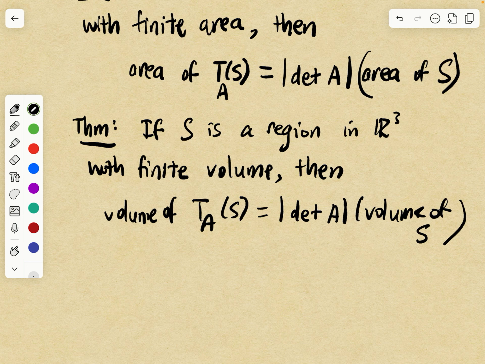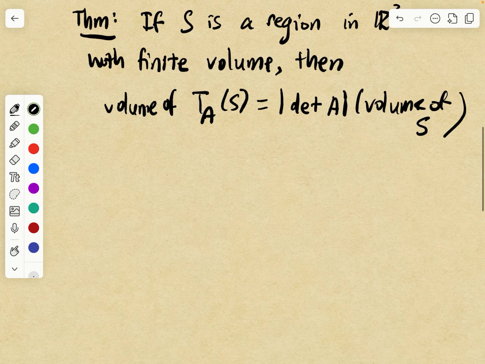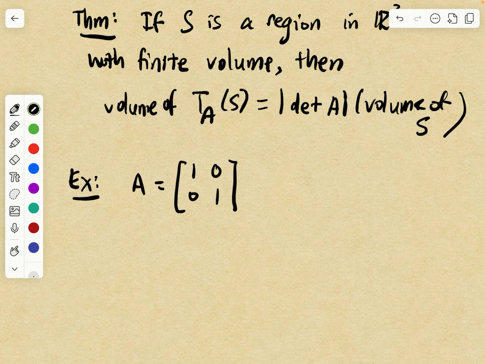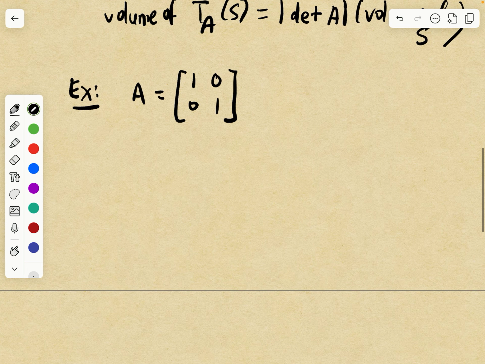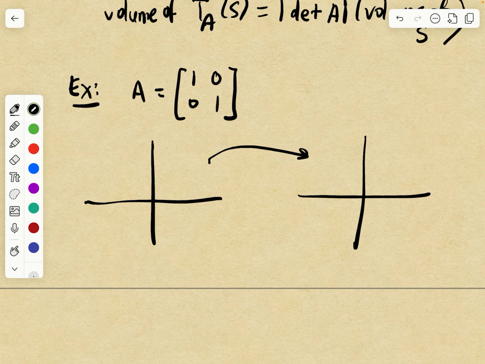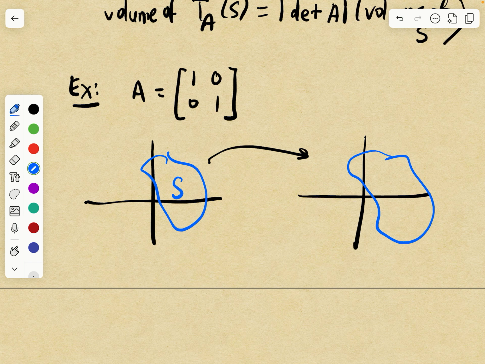Okay. Let's just look at some examples. For instance, let's say that A is this matrix. Well, let's just take a very simple example, the identity matrix. So the identity matrix takes R2 to R2, and it's going to keep everything the same, right? It takes X to X, and so it's going to take the blob to the same blob. It's going to take some region S to the same region S. I didn't give a precise definition. These are supposed to be the same.